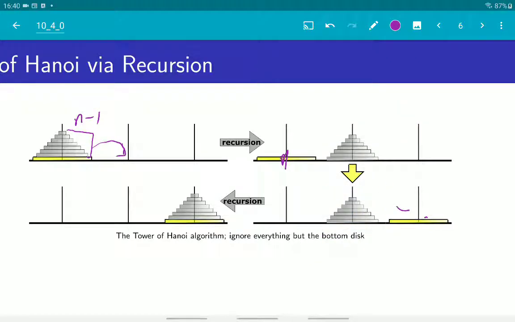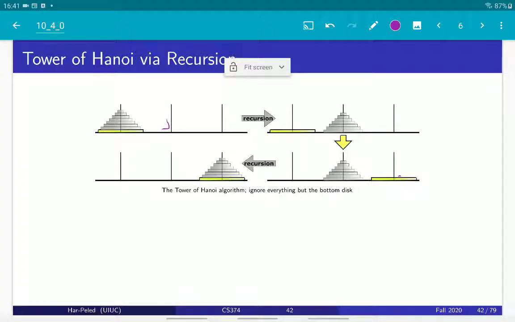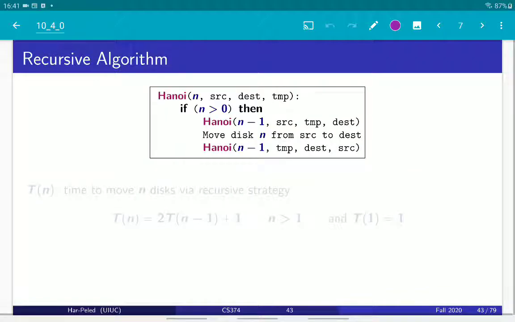But it's in fact easy to see because the largest disk always remains on the bottom, in this stage, in this stage, and in this stage. So it's always on the bottom, which means that indeed it's legal, right? So that's nice. It's a legal algorithm. Of course, the question is how many moves do we make?